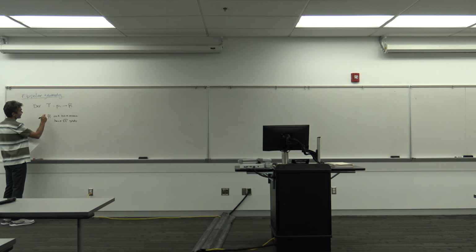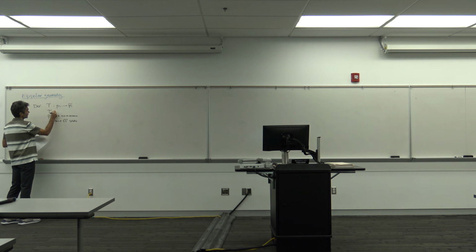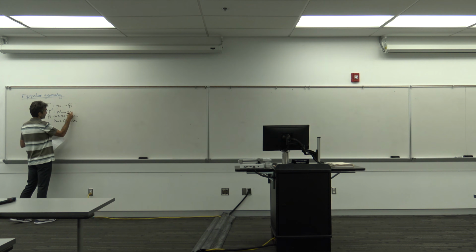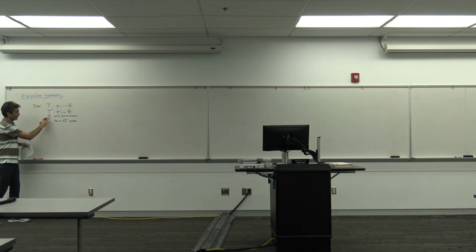And the same is going to apply to the pi primes. I'm going to have a different transformation that gives me my pi primes tilde that are also zero mean and a square root of 2 for standard deviation, okay?